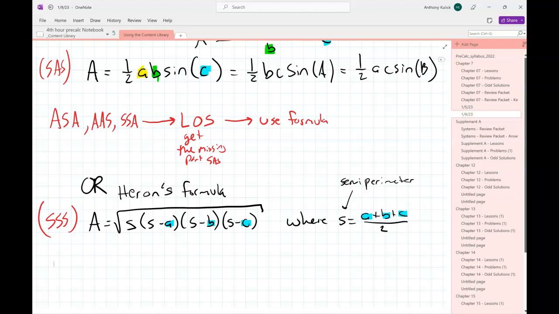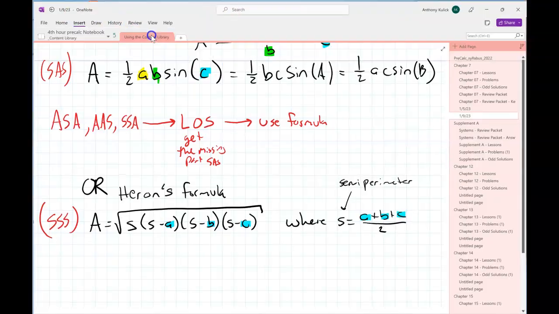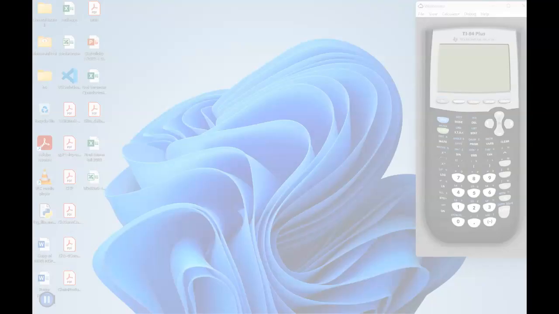If you forget to check, what's likely going to happen in a Heron's formula situation, other than getting the wrong answer? Might get a negative area. Like you'll get an error because you're trying to take the square root of a negative or something. It's probably what's going to happen. So you do need to be a little bit careful.